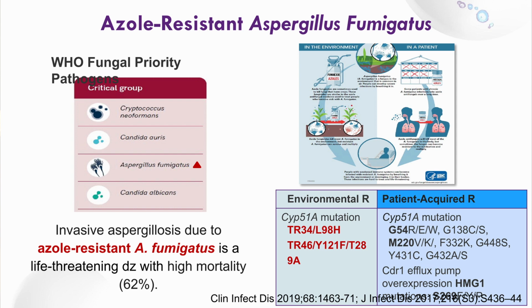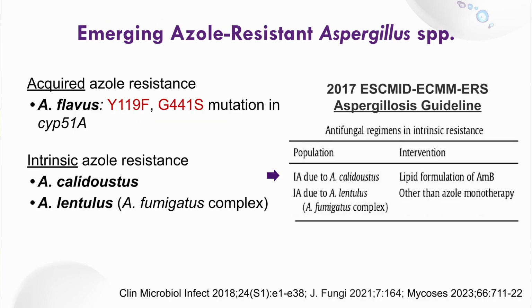For environmental resistance, the CYP51A mutation, tandem repeat 34 and tandem repeat 46, along with amino acid substitution in CYP51A, is the most prevalent resistance mechanism. So TR34 and TR46 related resistance genes are usually used as the main genetic target for detection of azole-resistant Aspergillus.